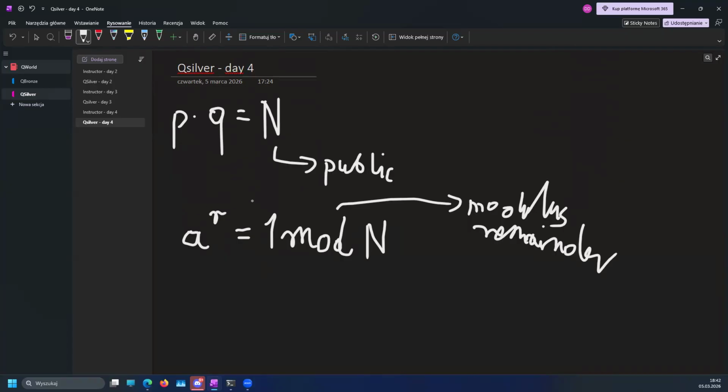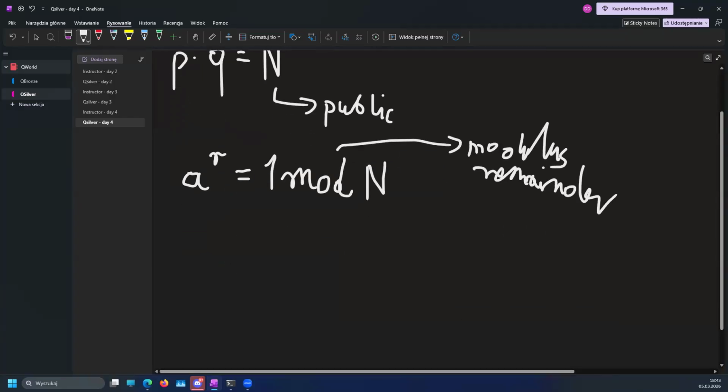Today we will learn how to find this r, and tomorrow I will tell you how, from the information about r, to get the information about P and Q. So how to find those factors and factorize the number N, and then break and decipher the RSA encryption. Yes. Okay.